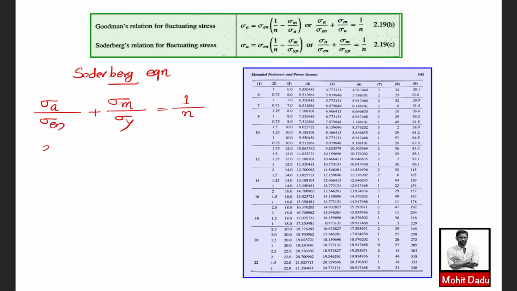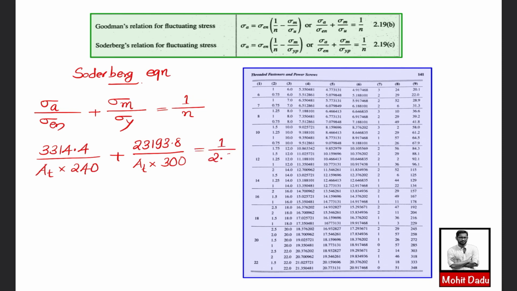Sigma A is 3,314.4 divided by At, that is the tensile area, divided by sigma endurance, which is 240 megapascal, plus the sigma mean component, which is 23,193.8 divided by At, and the yield point stress is given, that is 300 megapascal, equal to 1 by the factor of safety, which is 2.5. You have to take it as it is mentioned.